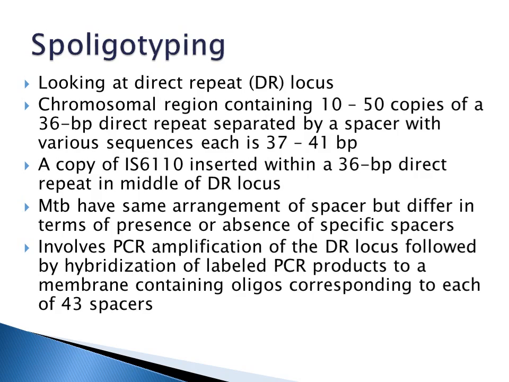So Mycobacterium tuberculosis have some arrangement of spacers, but they differ in terms of the presence or absence of specific spacers. So this technique involves PCR amplification of the DR locus, followed by hybridization of labeled PCR products to a membrane containing oligos, or small little pieces of DNA, corresponding to each of the 43 spacers.